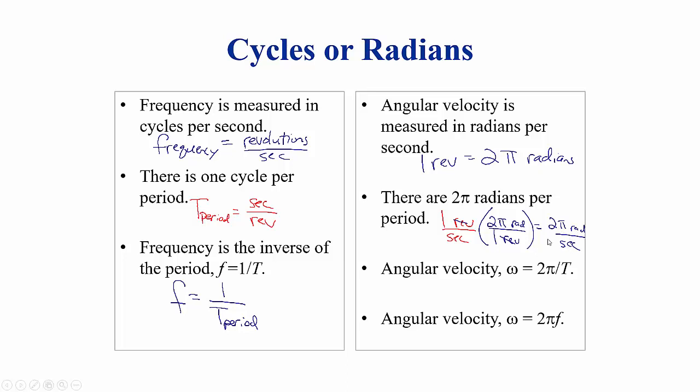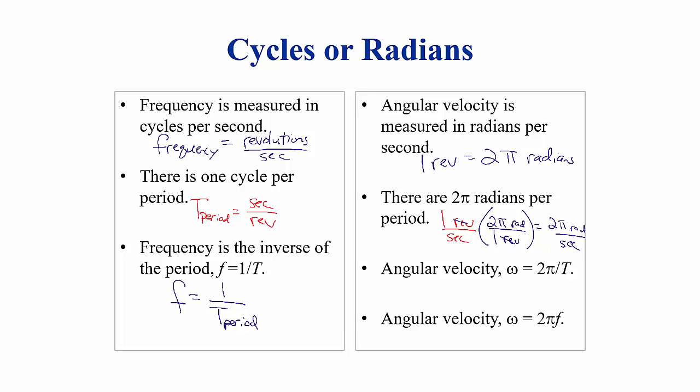So we can convert from revolutions to radians. Sometimes you're asked, how many revolutions does something turn through? Sometimes you're asked, how many radians does something turn through? There's a relationship between those. It's similar to converting from meters to centimeters or meters to kilometers. It's just a different way of describing that angular distance.